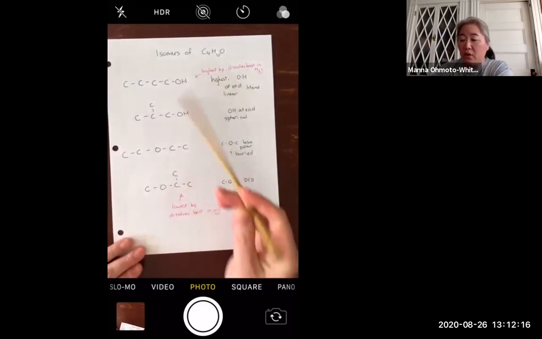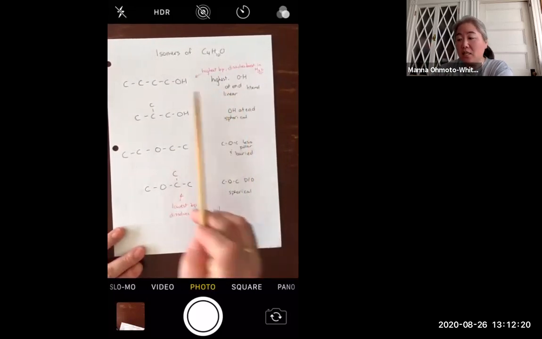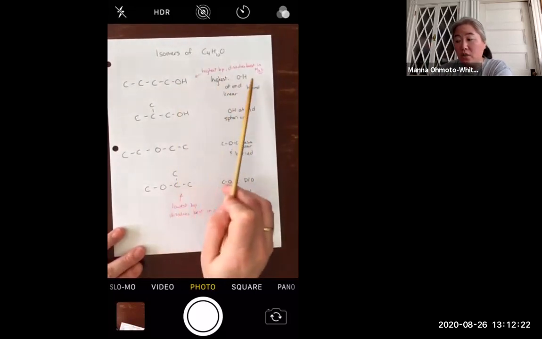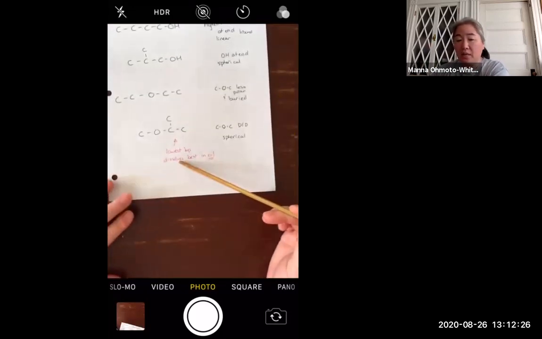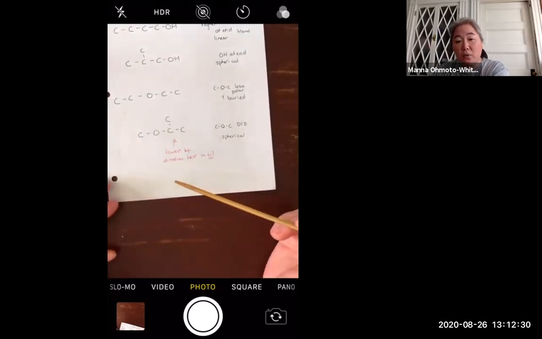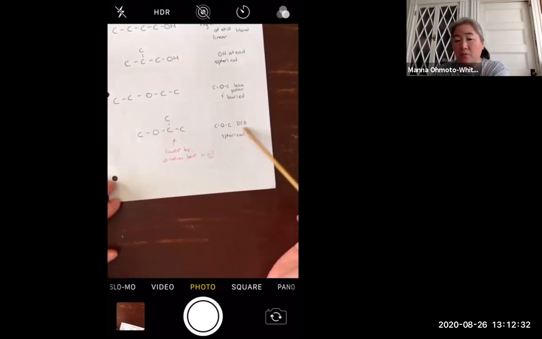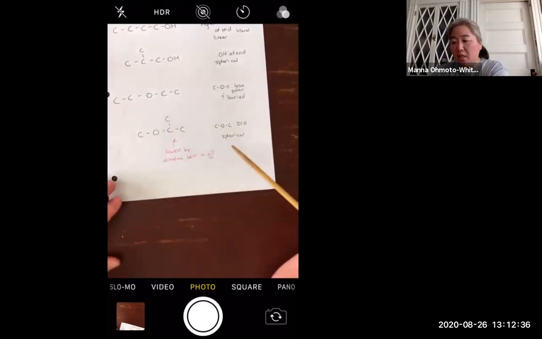of all of these isomers listed here. And because it is most polar, it will dissolve best in water. This molecule down here will have the weakest intermolecular forces of attraction because of the types of bonds, where those bonds are located, they're buried in, and the shape, the fact that it's spherical.